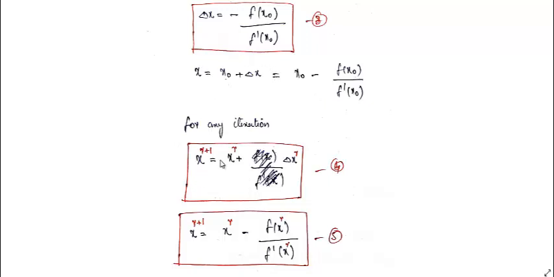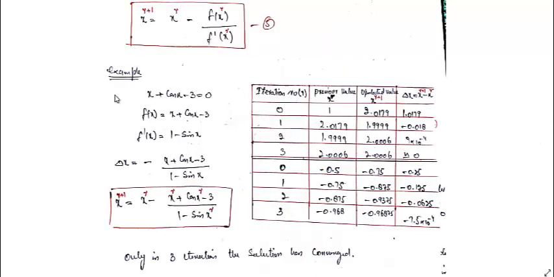So I can write it in terms of a general iteration: x r plus 1 is equal to x r plus delta x, or x r plus 1 is equal to x r minus f of x r divided by f dash of x r. These are in terms of different iterations. If r is equal to 0, this is x1 equal to x0 minus f of x0 divided by f dash of x0.